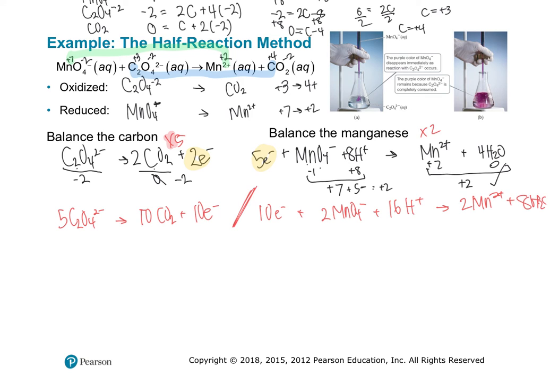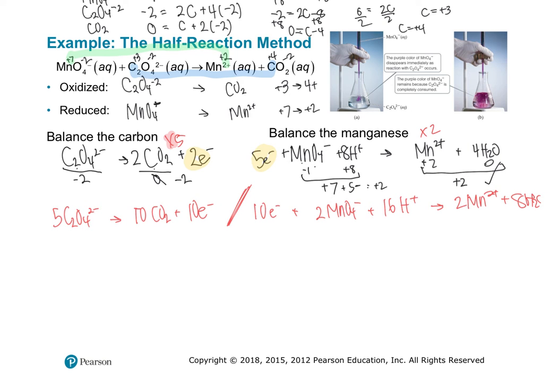Okay, so now that I'm done, I can add those reactions together. So I'm just going to write all of the reactants on one side and all of the products on the other. So all of my reactants from oxalate is 5 C2, we need space, so 5 oxalates. Cool, that's all my reactants.